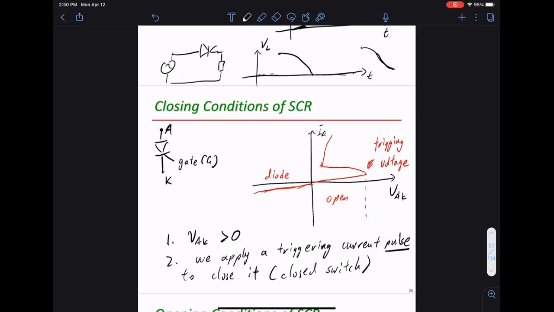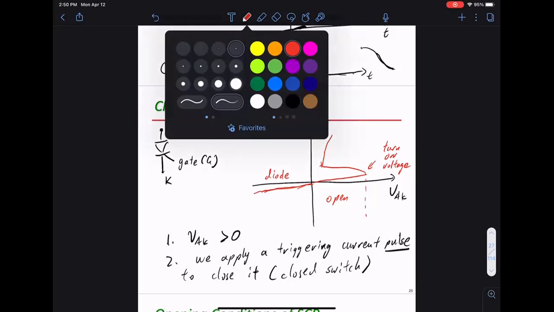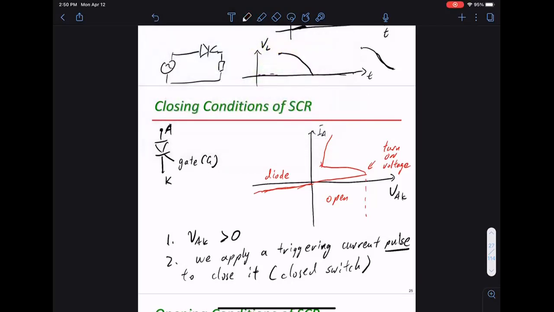But let me be a little clearer: let me call this the turn-on voltage. And you turn on whenever you get a current pulse. So we'll inject a current pulse, and then this becomes a closed switch. That's a good point.